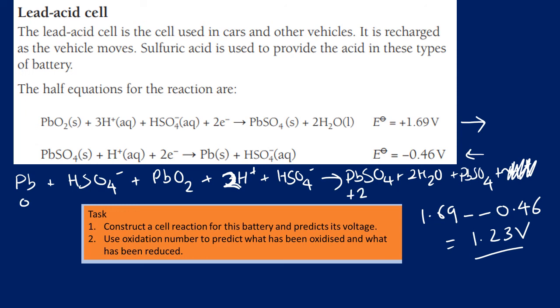So the lead has been oxidized. And what's been reduced? You've also got lead on the left, look, as +4, and it's also +2, so the lead is being both oxidized and reduced here.